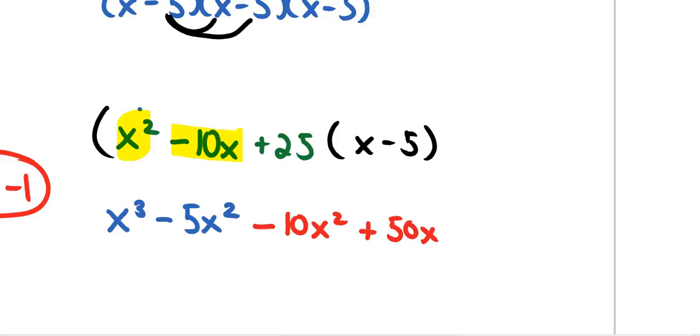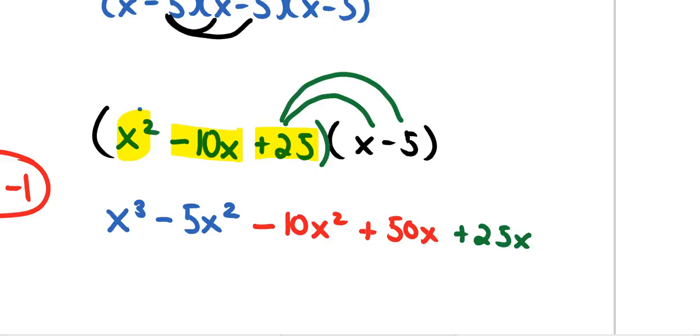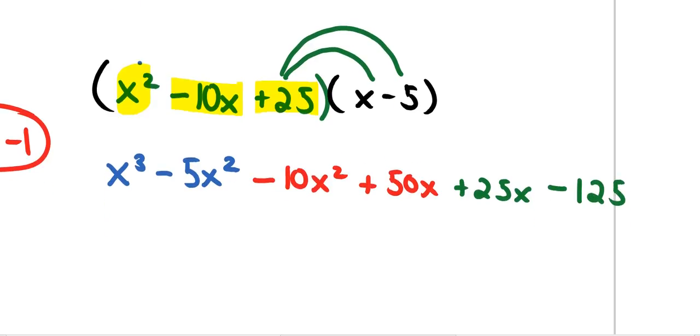And then I finally focus on my 25 here, and I FOIL that in. This will be positive 25x. And then finally I do 25 times -5, which will be -125. Okay, and then from here on you just need to collect the like terms. So let me just highlight the like terms there.